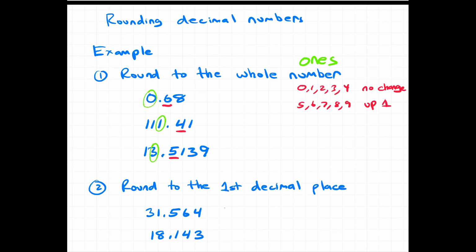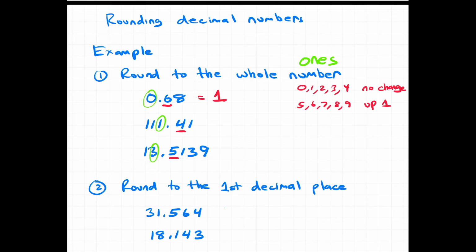So if we take a look at the first example, 0.68, well, I take a look at the 6. It is in this section right here, so that means this number right here, the 0, is going to have to increase by 1. So my answer is going to be 1. The 0 went up 1. Okay, so let's take a look at the next one. We have 111.41.